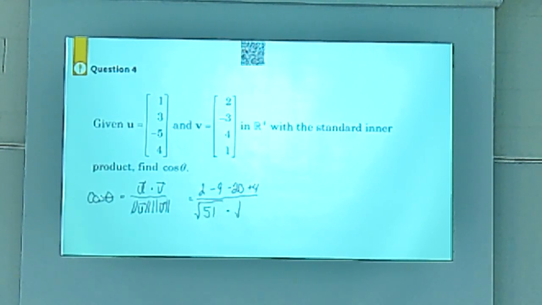Then 4 and 9 is 13, 13 and 16 is 29, and 1 is 30. What's 6 minus 29? Negative 23? Oh, this is going to be fun.